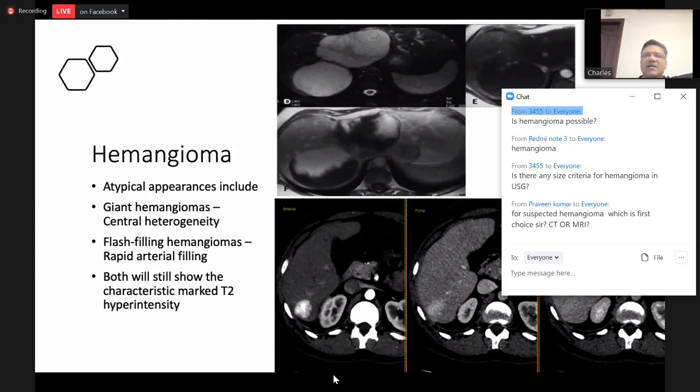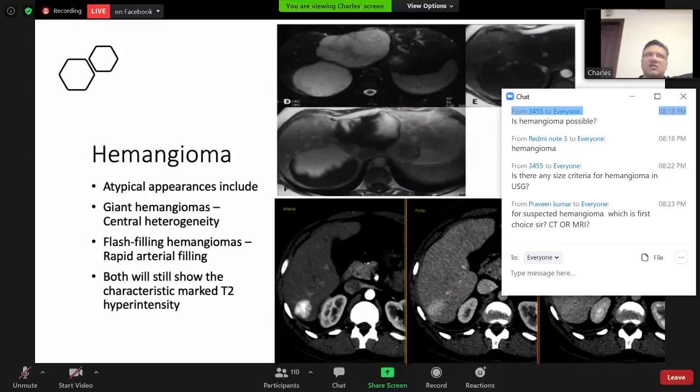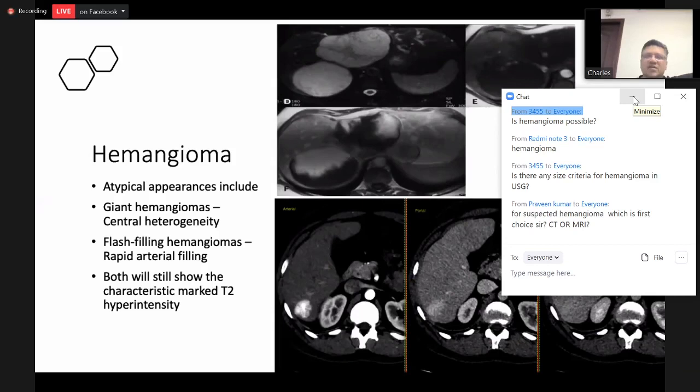And ideally, if you want further imaging, it's always better to go for an MR. But the only problem with MR is that you and your radiologist should be well versed with the MR. So ideally, if you want to evaluate a hyperechoic lesion, history of hemangioma on ultrasound, the ideal further investigation would be an MR.